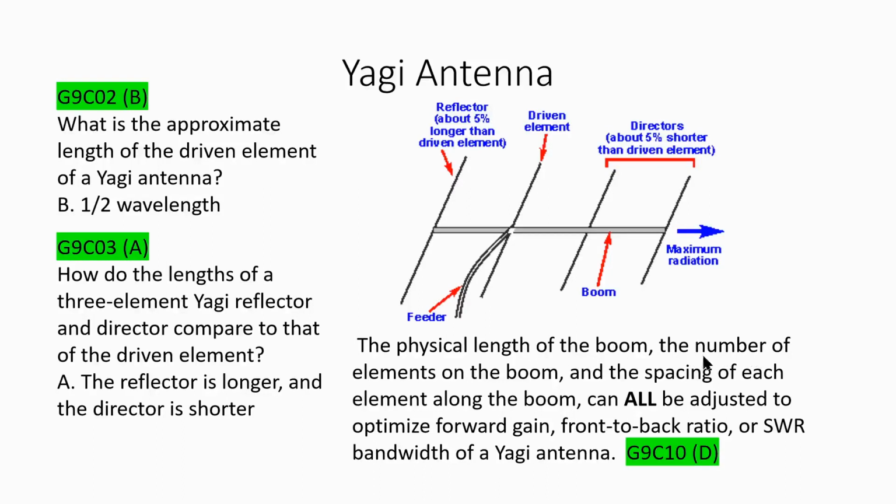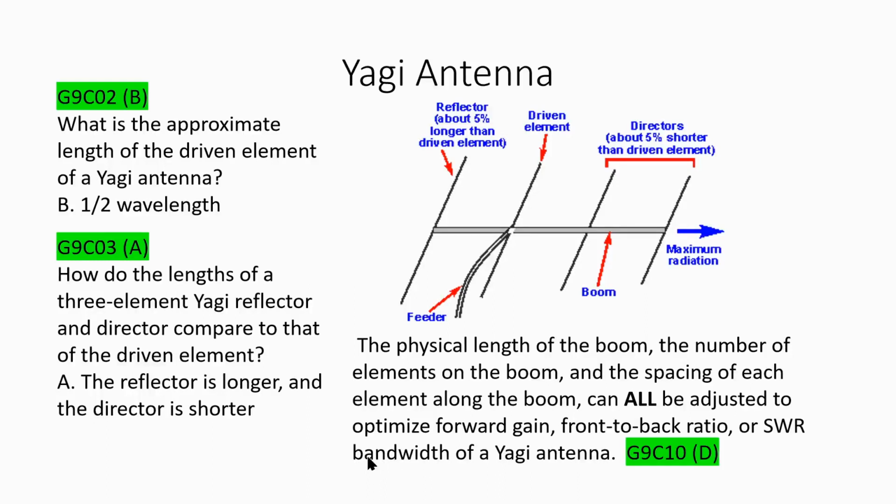Physical length of the boom, the number of elements on the boom, and the spacing of the elements on the boom all contribute. And they can all be adjusted to optimize the gain forward, the front to back ratio, which is the resistance to the signal from the back, or the SWR bandwidth. In other words, can this antenna work for the entire width of the band that you have your privileges in?